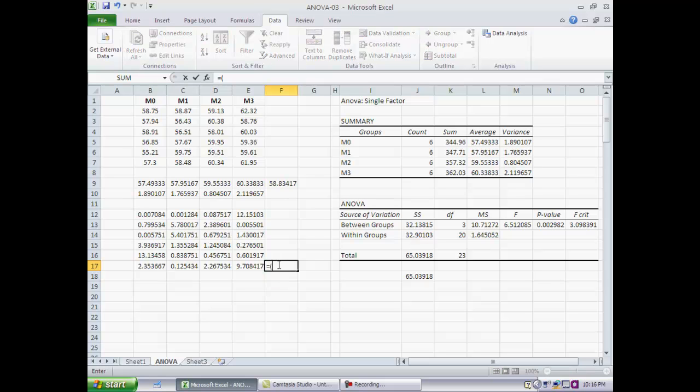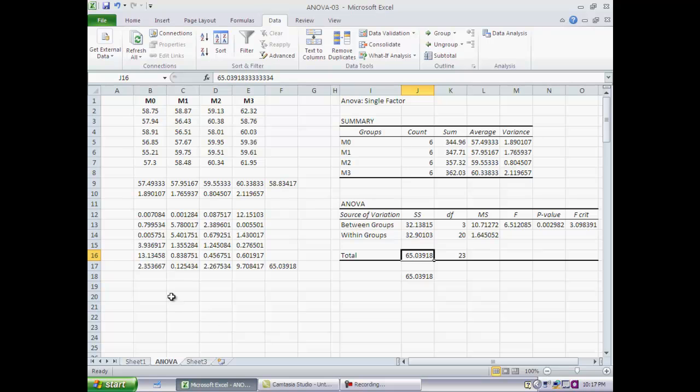Now let's add up these squares. You can see 65.03918. Do you see this is exactly the total that we have over here? So that's what the total sum of squares means. It is how far each data point is from the grand middle.